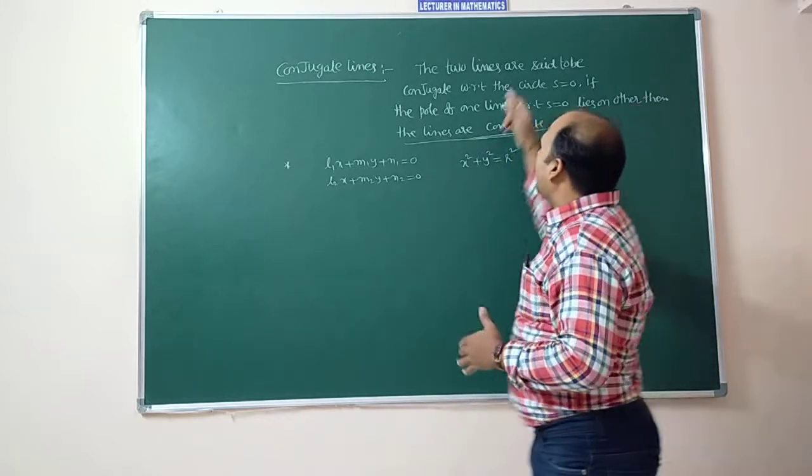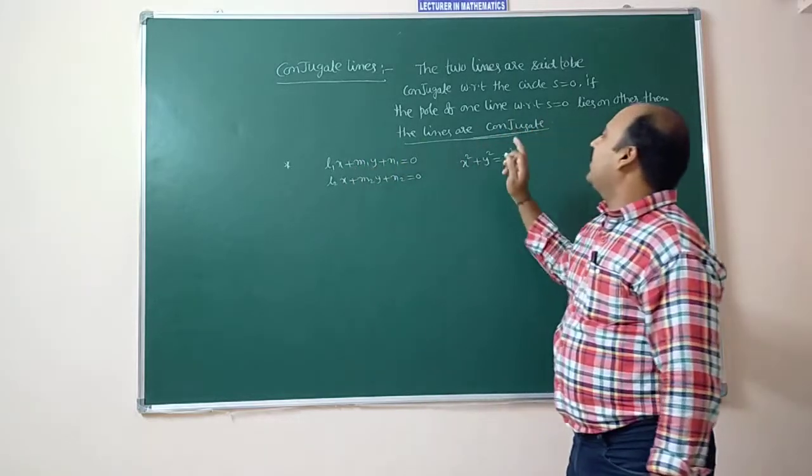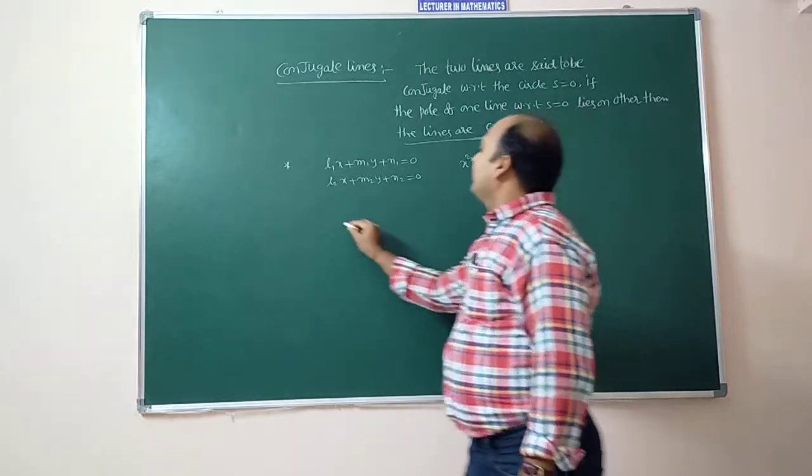So first, according to the definition of conjugate lines, we take the pole of the first line with respect to this circle. See that I am going to get the condition for this.